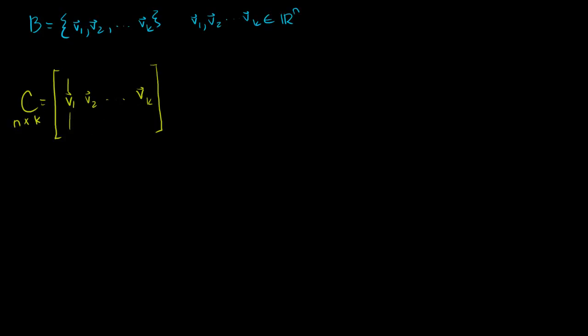And we saw in the last video that if I have some vector A that is a member of Rn, and assuming that A is in the span of B, I can say that A is equal to the change of basis matrix times the coordinates of A with respect to our basis.